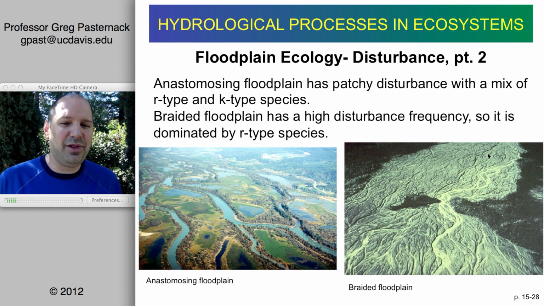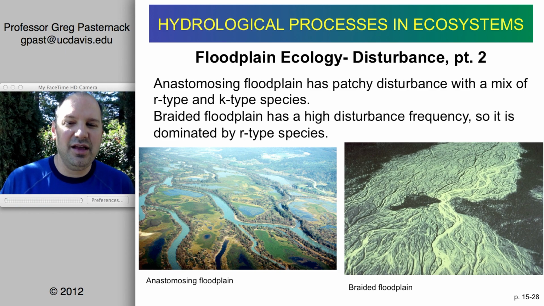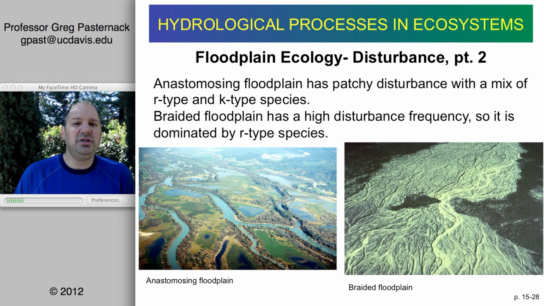Well, the braided floodplain is changing so much that there's simply no time for a long-lived tree to get established on it. And so as a result, whatever species are going to be there are probably going to need to die out and then reestablish themselves by seeds on an annual basis. And that would be an example of R-type grass and shrubs.